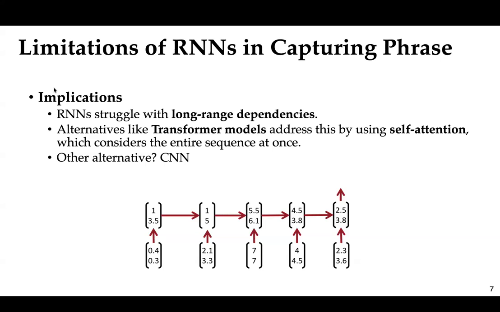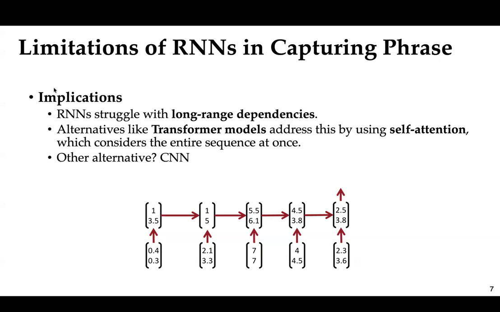So this is one problem. RNNs will struggle with the long-range dependency. Imagine that you have some clauses in between for a long utterance, and that will create artificially a long sequence dependency, and the likes of RNN will struggle to capture that dependency.